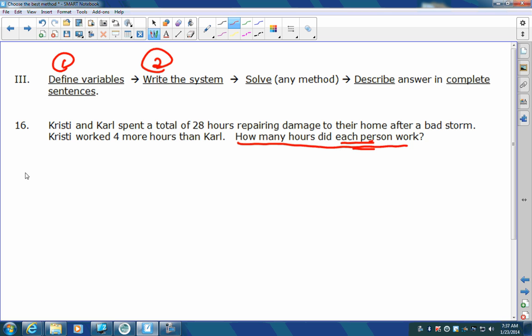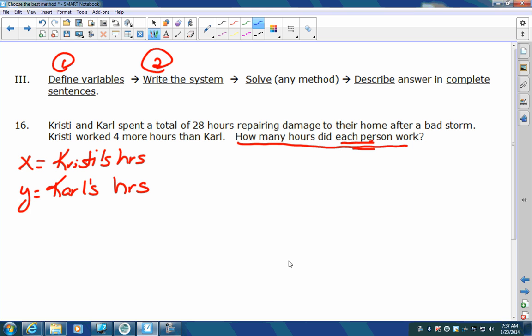And they both start with K's, so it's easier to do X and Y. So I'm going to have X equals Christy's hours and Y equals Carl's hours. That's defining our variables. Now, it says they spent a total of 28 hours working. So I'm going to have X plus Y equals 28.